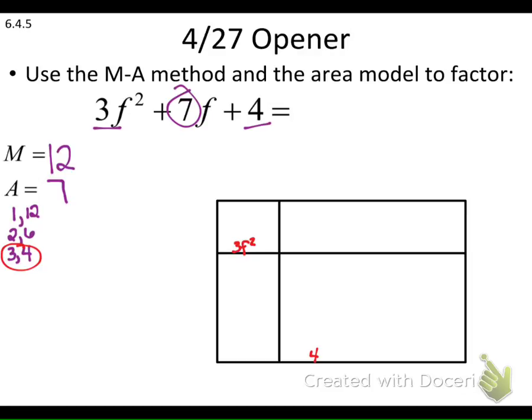And then my factor pair that I found that is going to combine to get to 7 is going to go in either one of these boxes. It doesn't matter which number you decide to put in the box. Just make sure they have that variable attached to them. So I'm going to put 3f here and 4f here.